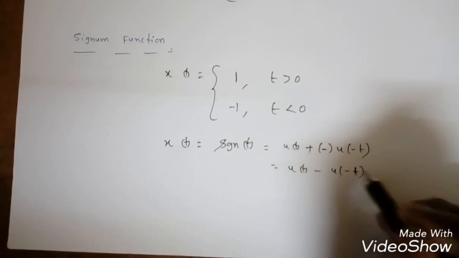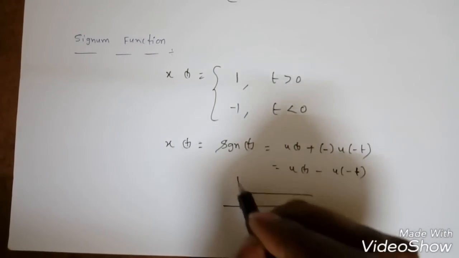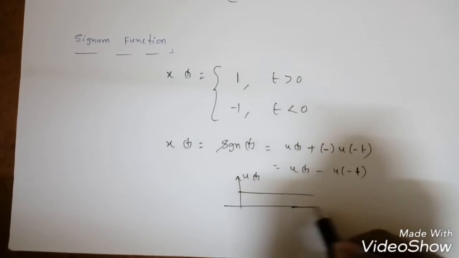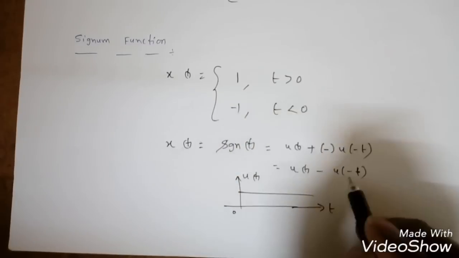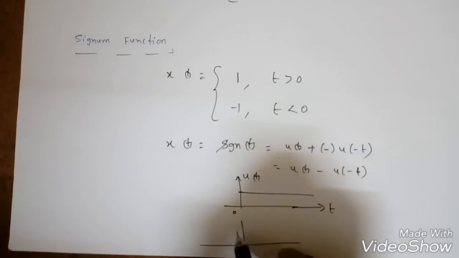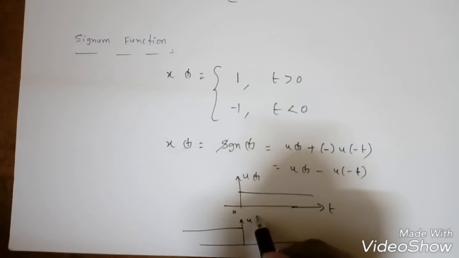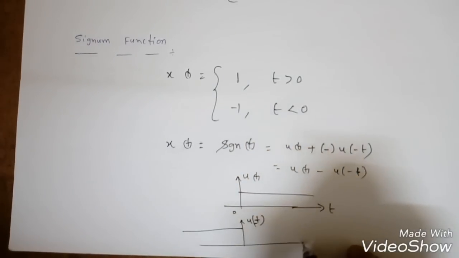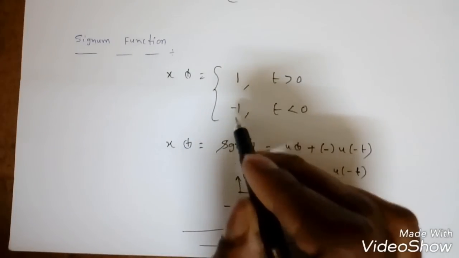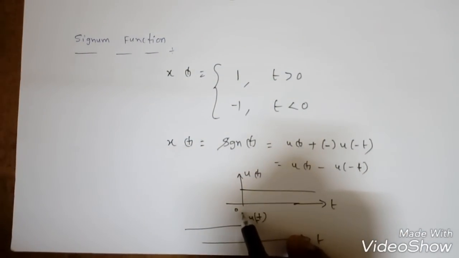Why is this so? What is u of t? This is u of t, and this is t. Similarly, what is u of minus t? It is the reversal of this. So this is u of minus t, but we need minus 1, which means we have to subtract these two.